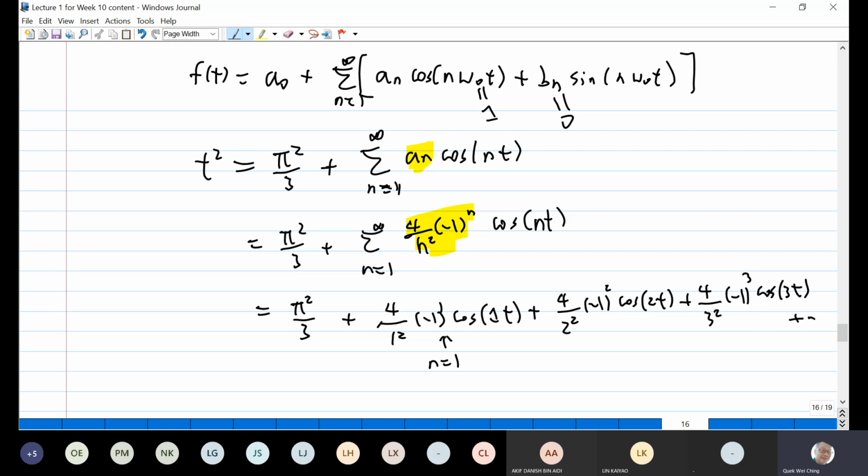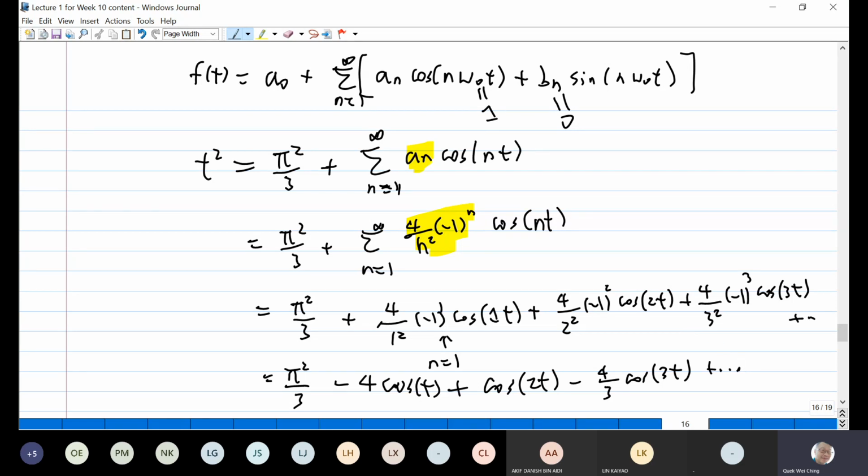You can go on like this. So simplifying, this equals pi squared over 3 minus 4 cosine t, then 4 over 4 is 1, so plus cosine 2t, and the next one, minus 4 over 9 cosine 3t, and so on. This is how the Fourier series looks like.